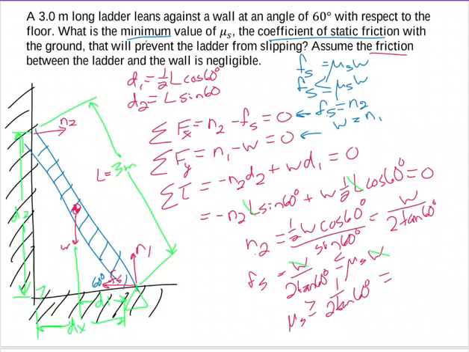But we want a decimal here. Root 3 over 3 is 0.2887 to 4 decimal places.